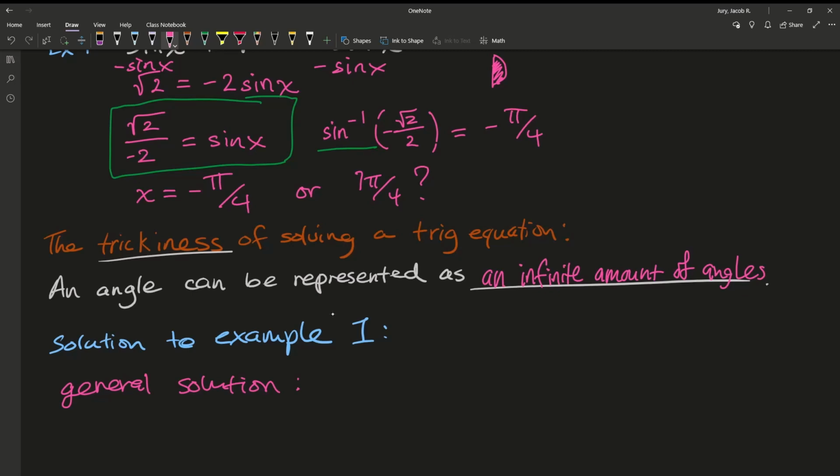So we know that one solution is negative pi over 4, and we can add or subtract 2 pi n to this angle to get any other solution. So yes, 7 pi over 4 does work, and then if we added another 8 pi over 4, we would get 15 pi over 4 working as well.